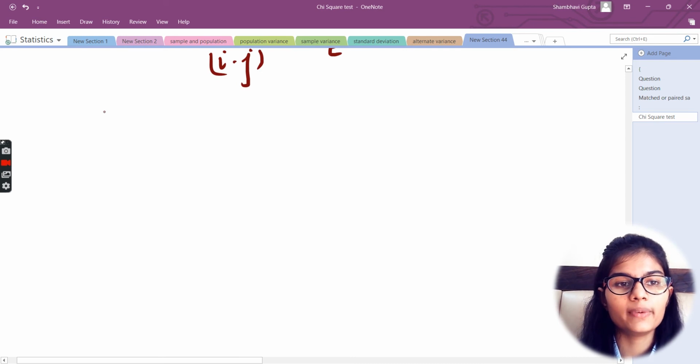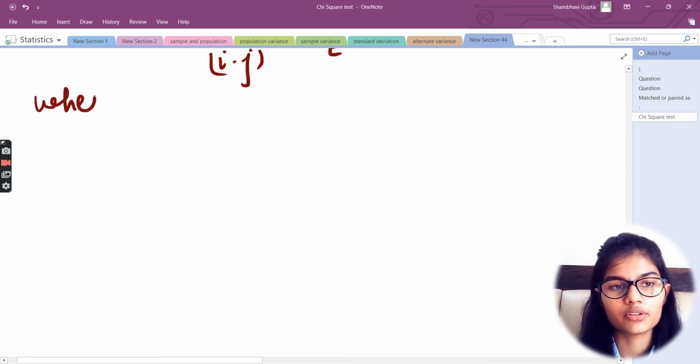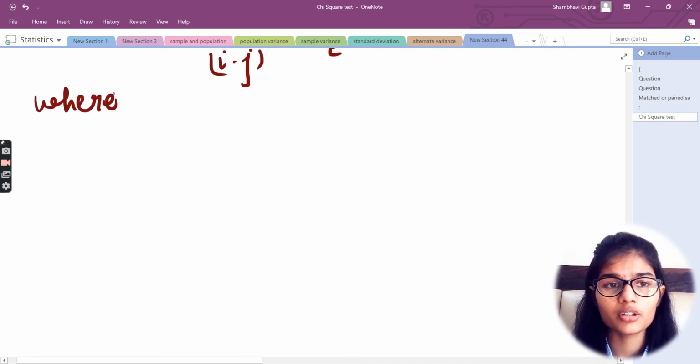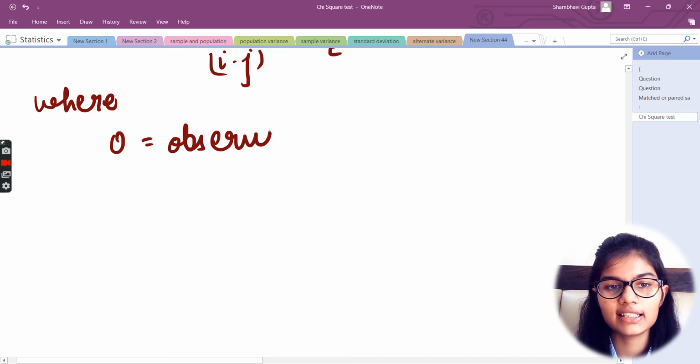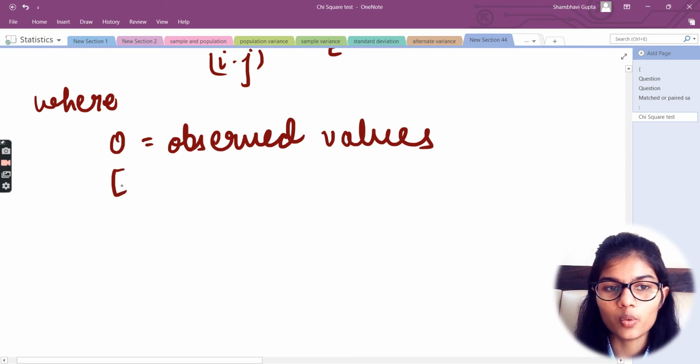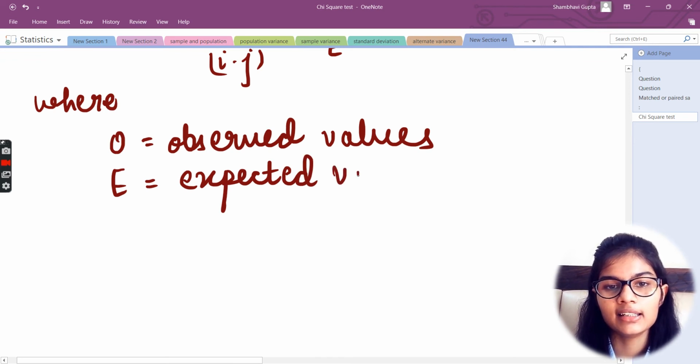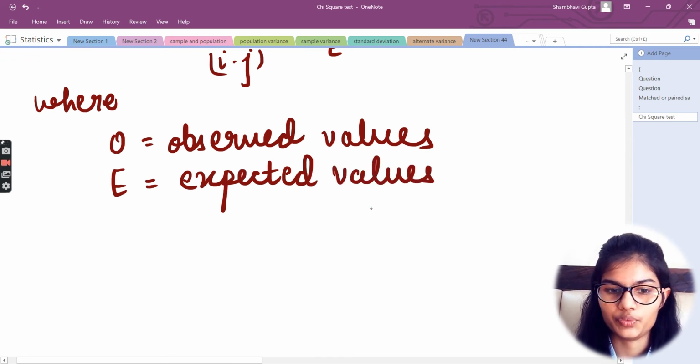Now what are these notations which I put on? Here O is the observed values. What about E? E is the expected values.